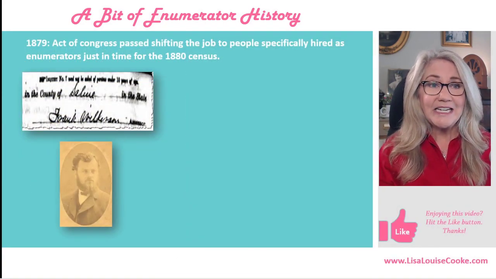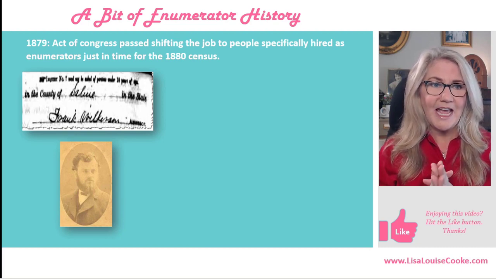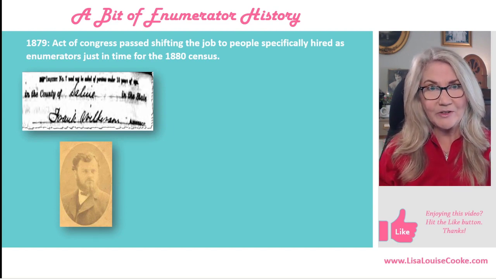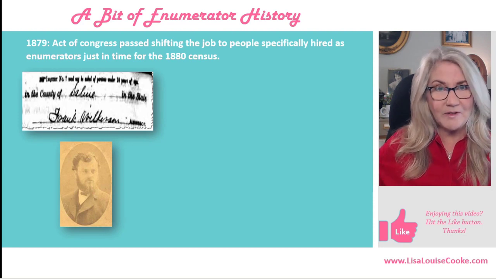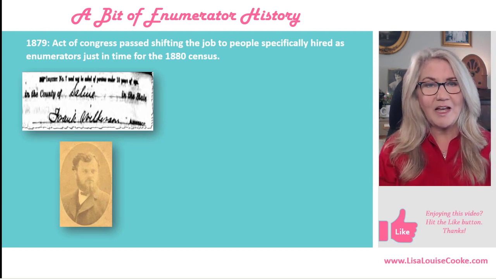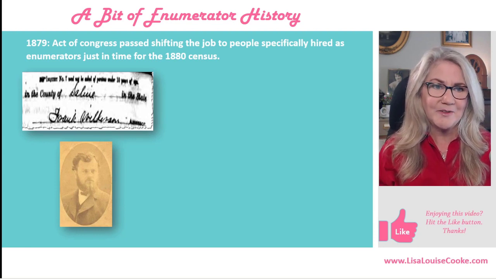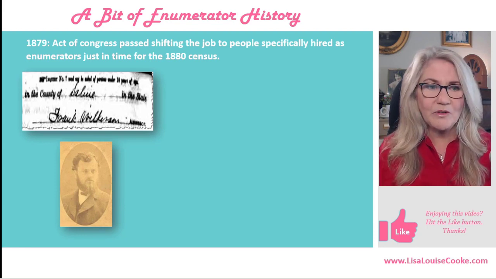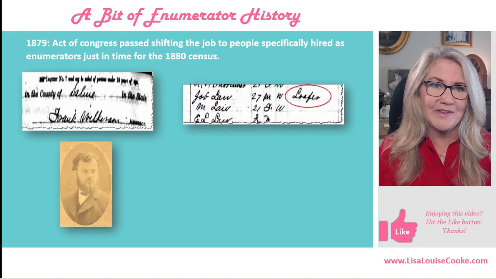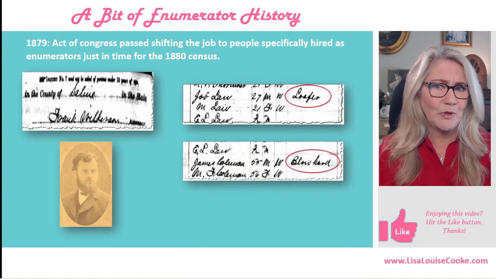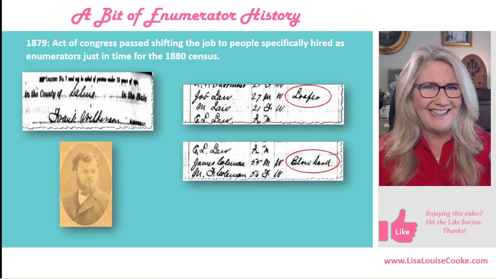Now, in 1879, the Act of Congress that was passed shifted the job to people specifically hired as enumerators. So it wasn't just a default as being a U.S. Marshal. People got hired to do this, and it was just in time for the 1880 census. You see here Frank Wilkerson. He was hired for the 1880 census, and he had a couple opinions about his neighbors and their occupations.